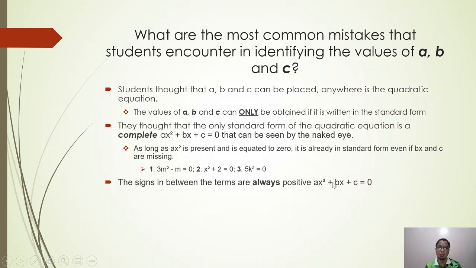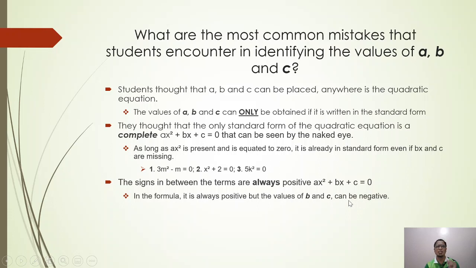Ulitin ko lang po, ito pong plus sign dito, sign of operation po yan. Plus. Hindi siya sign ng b at saka yung c. Para po mas maliwanag, in the formula, it is always positive. Tama naman po yan. But, the values of b and c can be negative.